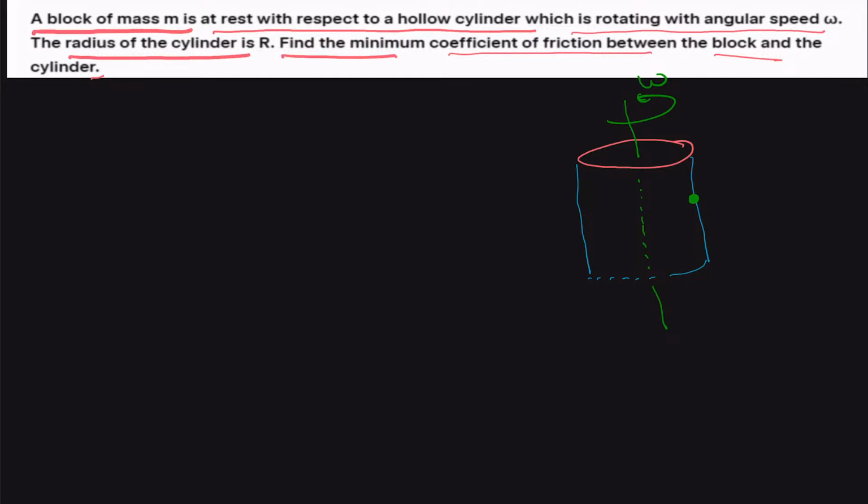If it is at rest, it will try to move in a downward direction, so friction will be acting upward. Downward we have mg. There is also a rotational part. So let us try to understand the motion, and let us assume the radius of the cylinder is r.